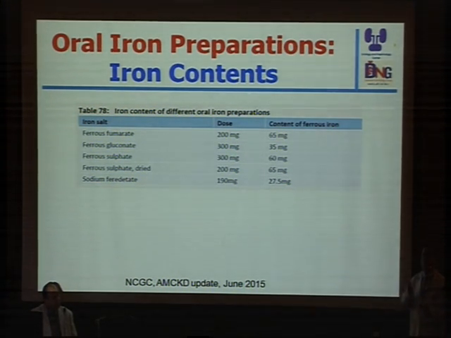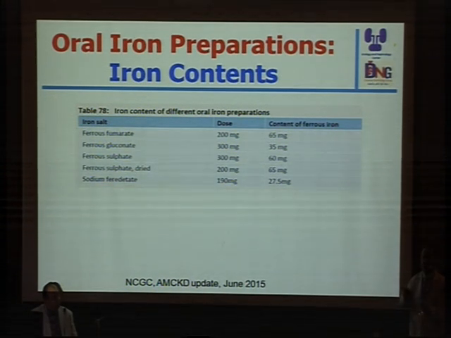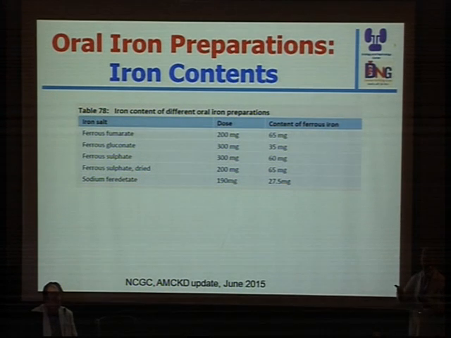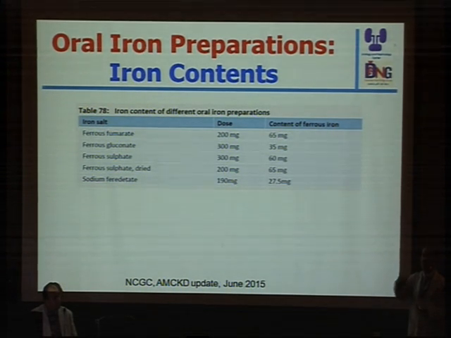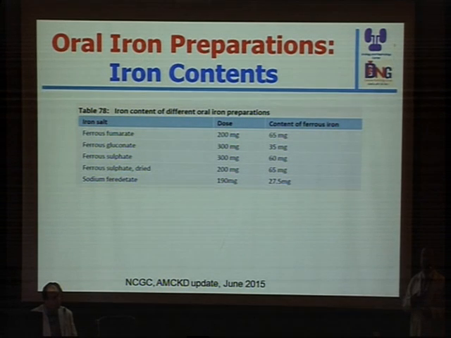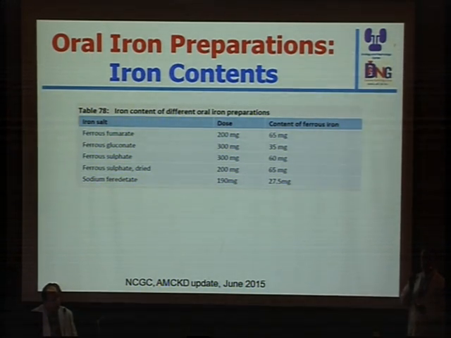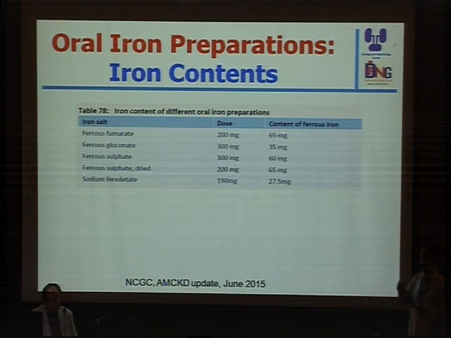Either the patient is intolerant, with side effects or gastrointestinal troubles, or there is resistance to the action, with no response. These are the indications to shift. If the patient tolerates, I continue for 8 weeks. After 8 weeks, if no response, I shift to parenteral. That is the wisdom. But don't forget, we give 200 milligram of elemental iron.